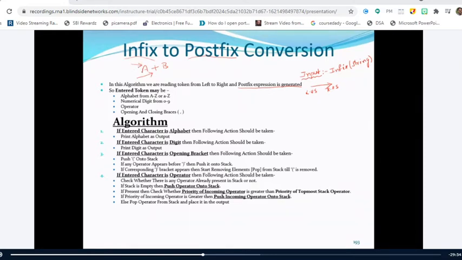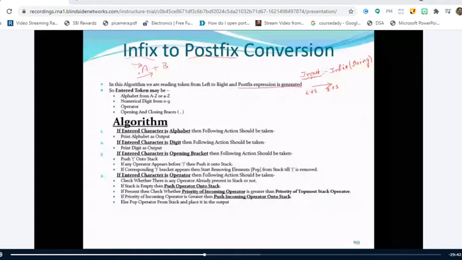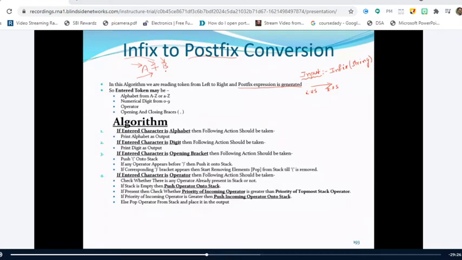The first element pointed by the pointer is the first token. After doing the necessary processing, you increment the pointer such that it points to the next element. This we call the second token. Like this, you have to process the given infix expression. Is it clear or not?